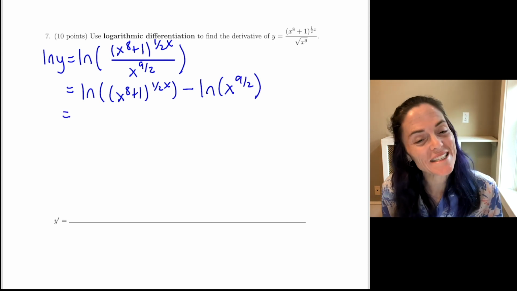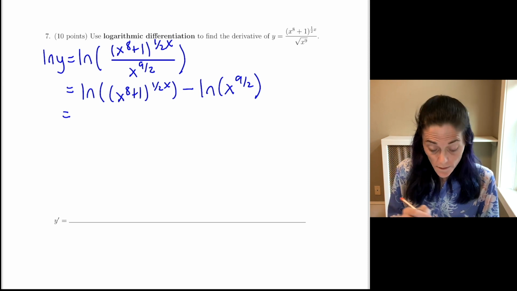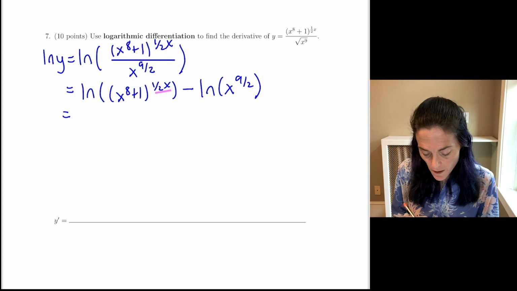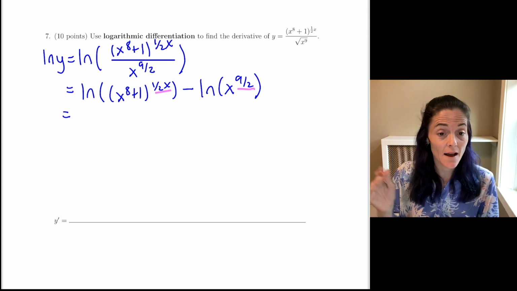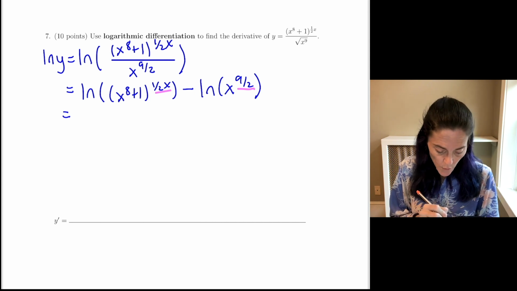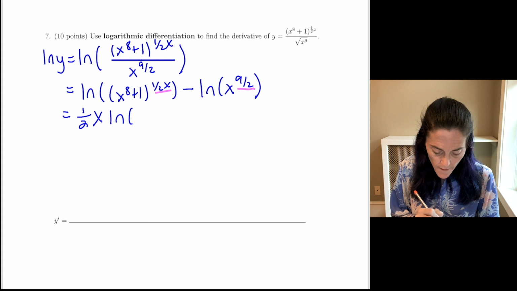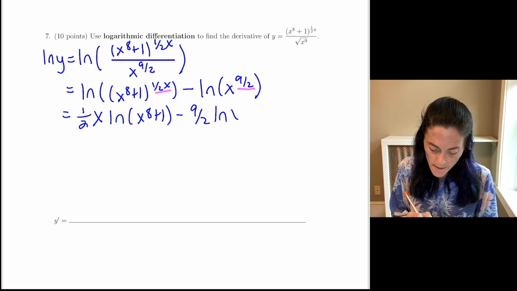We can take one more step here. You see, we have power inside the log, power inside the log, so we can bring that out in front as a times. So we have 1/2 x, ln of x to the 8th plus 1, and then we have minus 9/2 natural log of x.